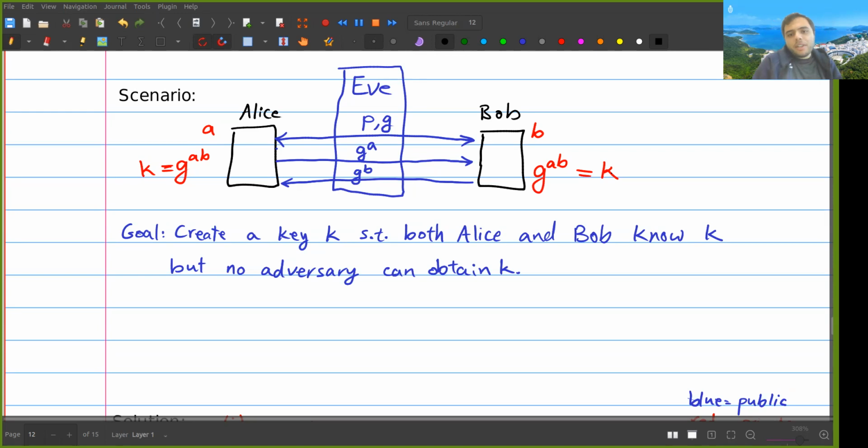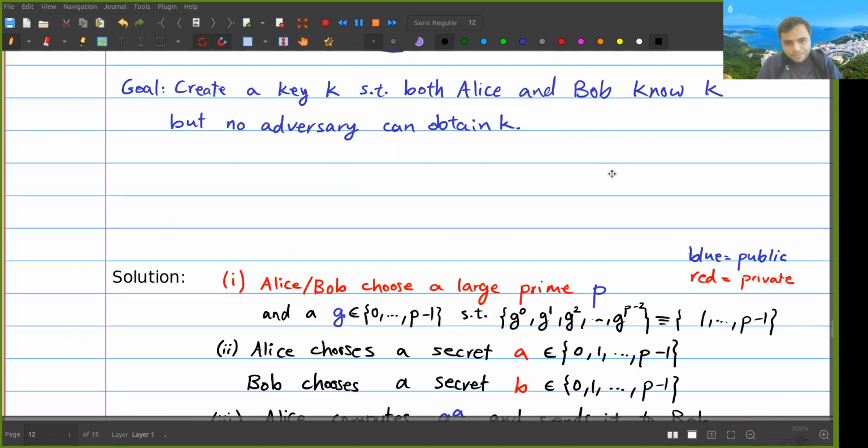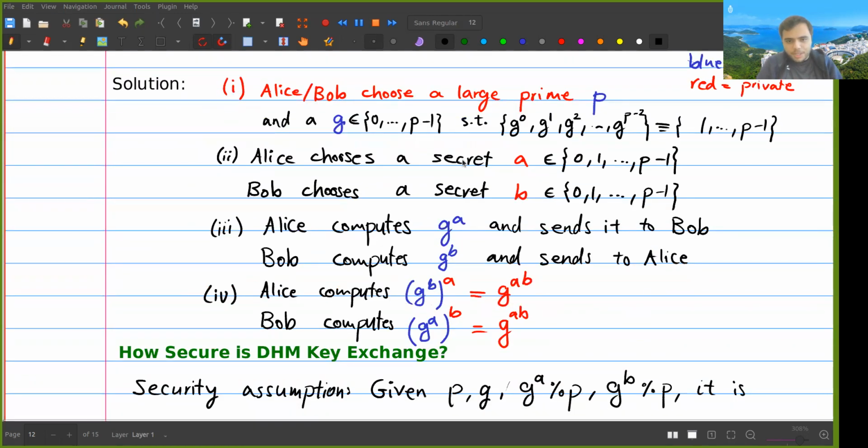Or you can have any other kind of random number generator that uses K as its seed and gives you random numbers that are your next keys. So as long as you have the first shared key, it's not so hard to generate more keys that are shared. And you don't have to just repeat this process over and over again.